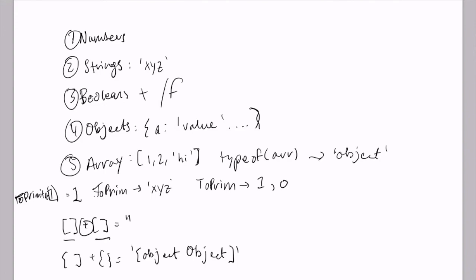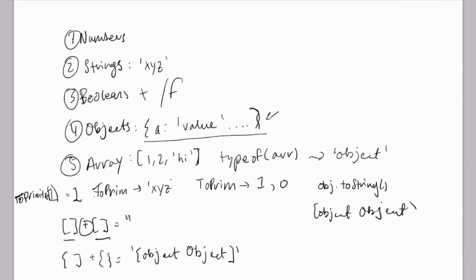For an object with this literal syntax here, calling toPrimitive on that results in calling toString on that object. So when I say toString, let's say obj contains our object, then we just call toString on that. For any object with this literal declaration, that's the equivalent of outputting "[object Object]".